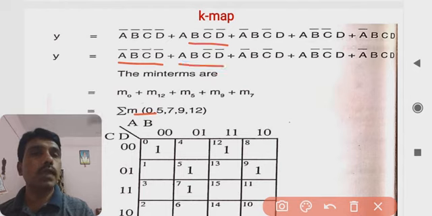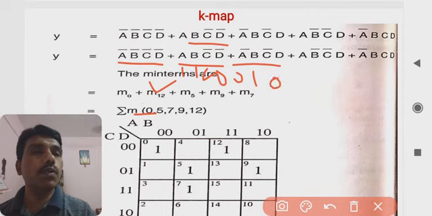A B C complement D complement is 1 1 0 0, which is 1 2 4 8, that means 12. A complement B C complement D is 0 1 0 1, which will be 5.